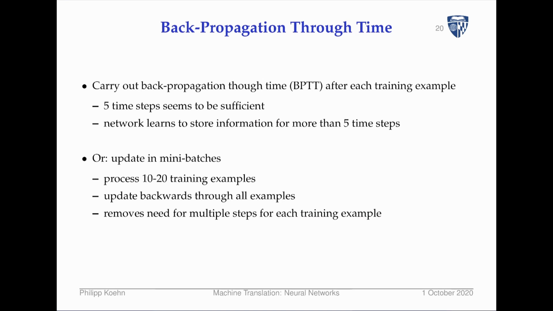Backpropagation through time initially created very large computation graphs, and initially that was a big concern computationally. So maybe you don't have to do this for the entire, for instance, 20, 30, 40 word sentence. Let's just unroll it for 5 words at a time. That seemed to be sufficient.